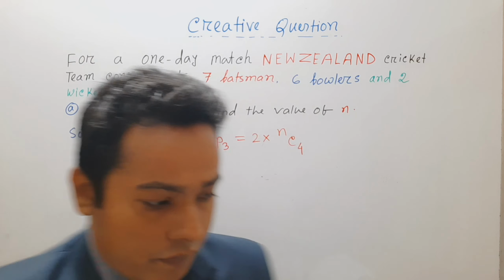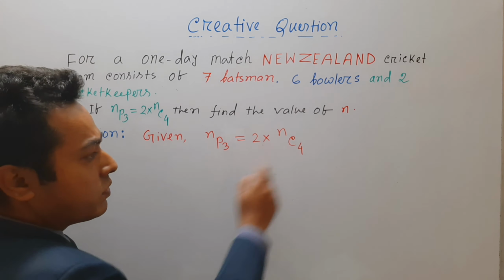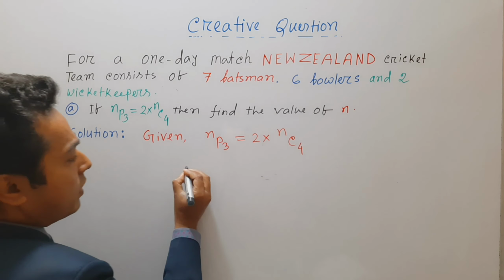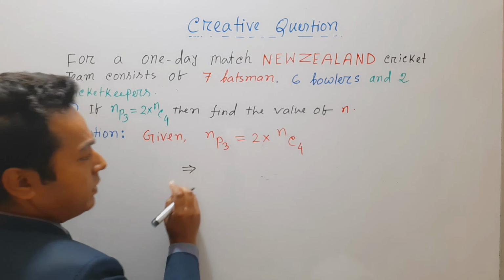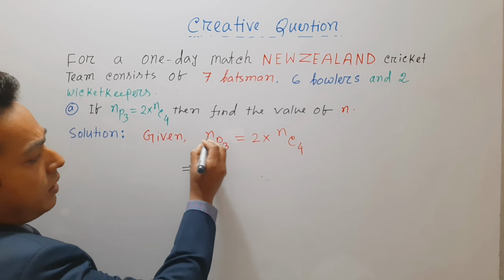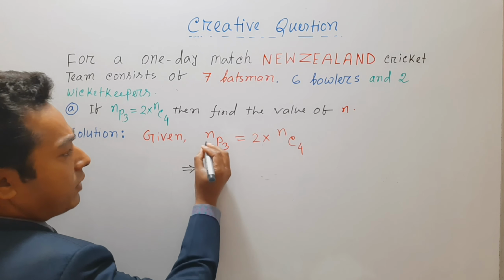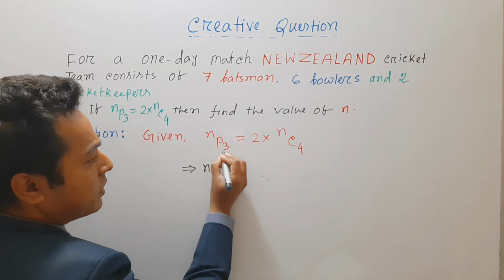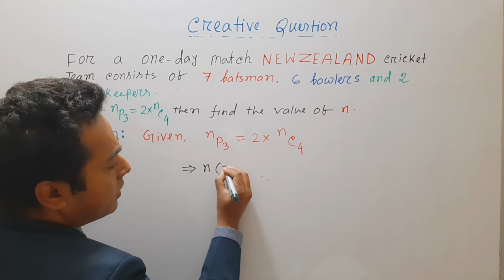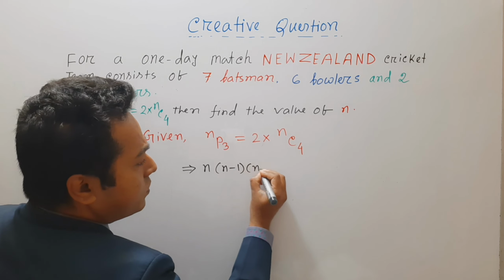Okay, so for the solution of first question A, given nP3 is equal to 2 into nC4. Here this is 3, and for nP3 the technique is we have to write the product of 3 numbers, because this is 3: n into n minus 1 and n minus 2.